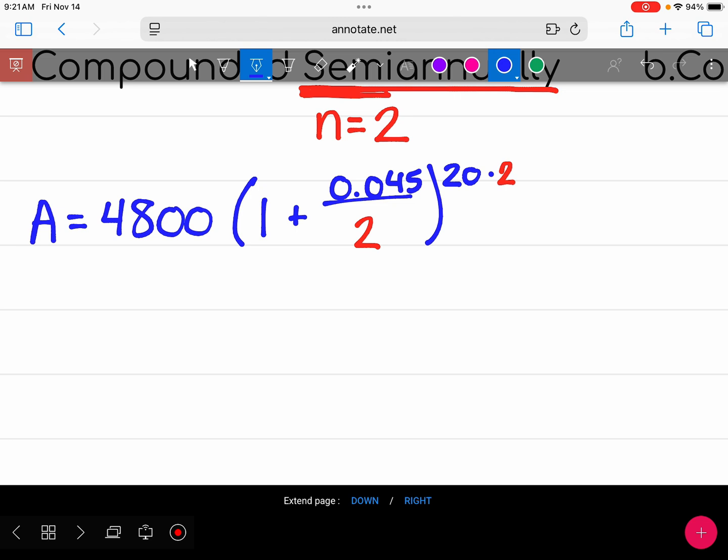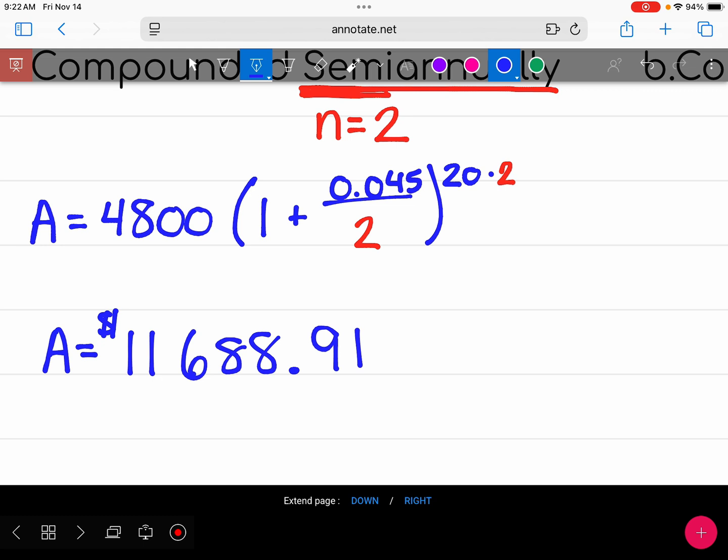What are we going to get for the amount in her account after 20 years compounding semi-annually? 91 cents, I do believe. Cool. Round to the nearest two decimal places.